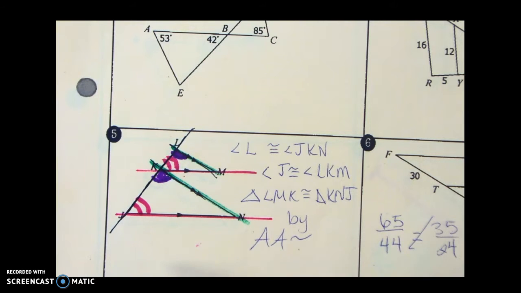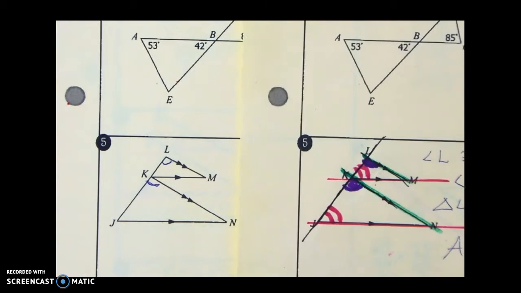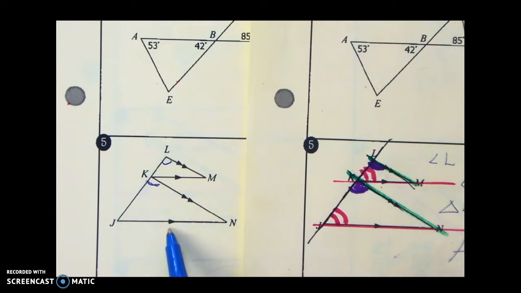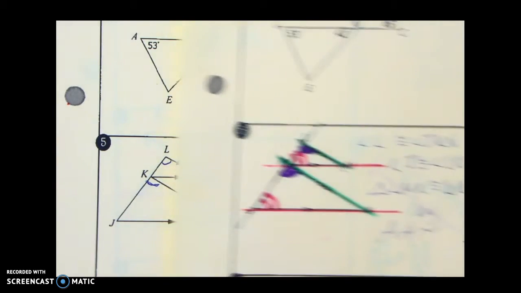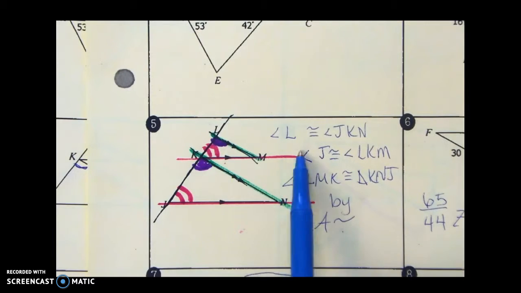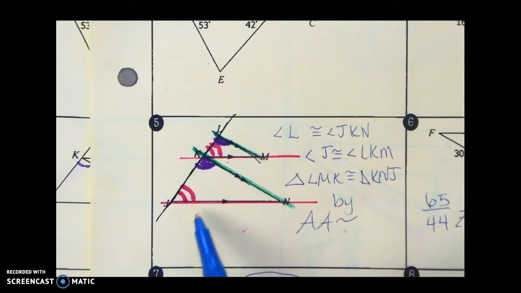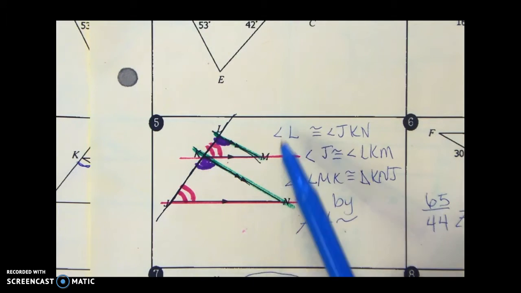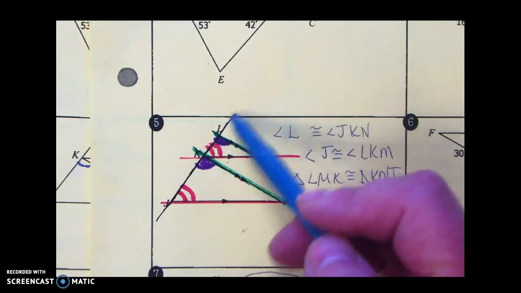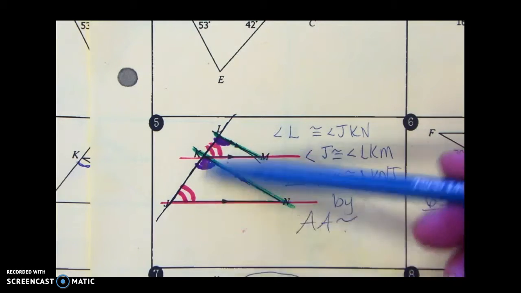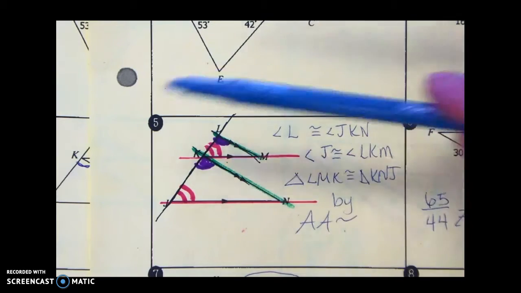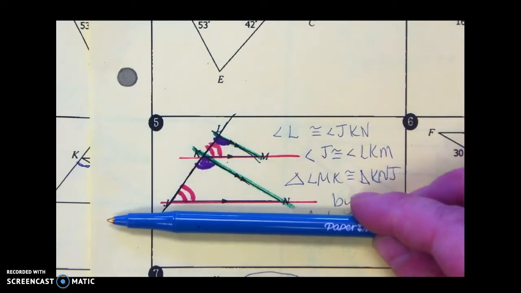The purples are congruent. Then I take a look at the other parallel lines, here and here. Those ones are in red. Same thing. This is my transversal. Looking at the red lines, this one is parallel to this one.